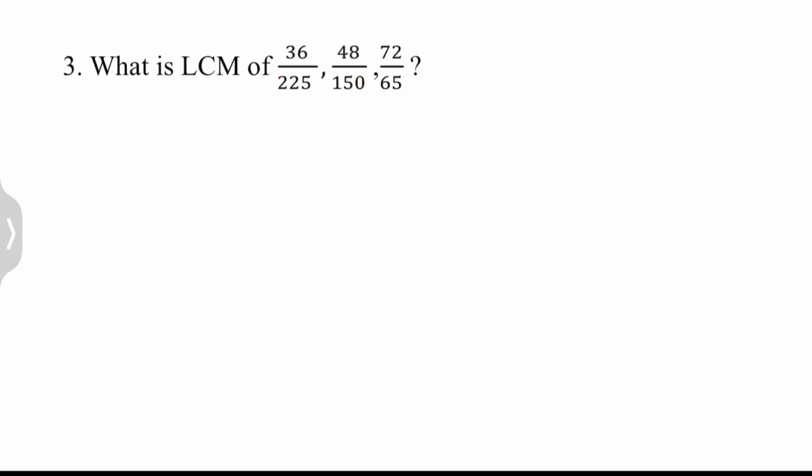Next problem. What is the LCM of the fractions 36 by 225, 48 by 150, 72 by 65? When you have to find the LCM of fractions, there is one formula.